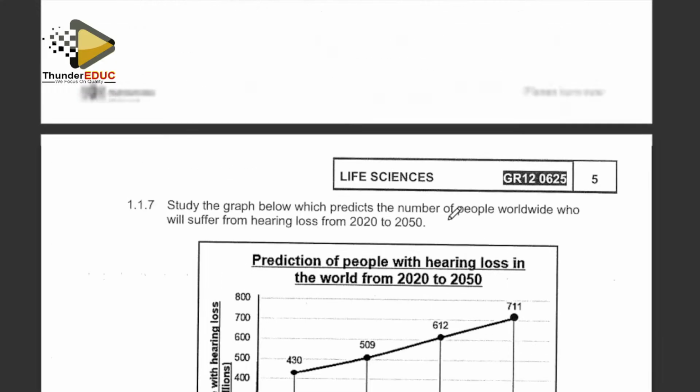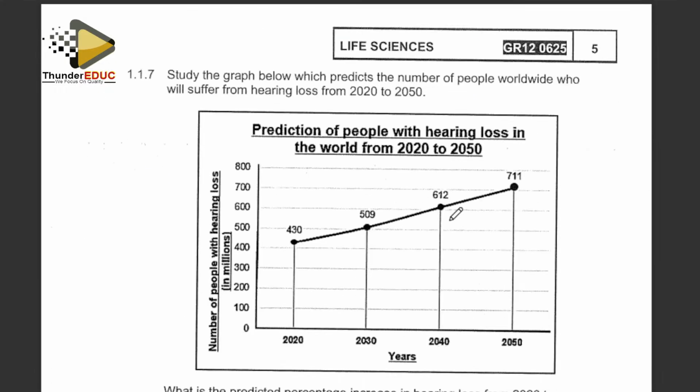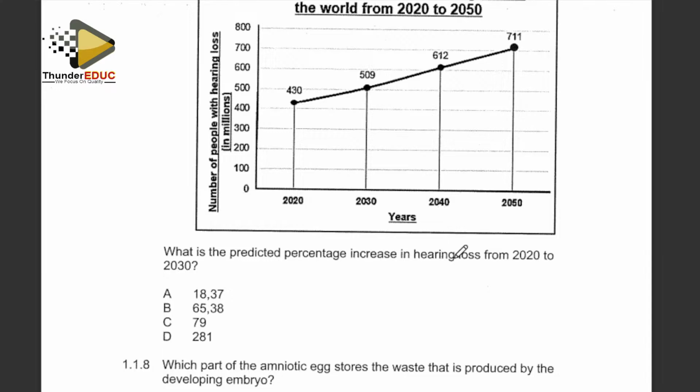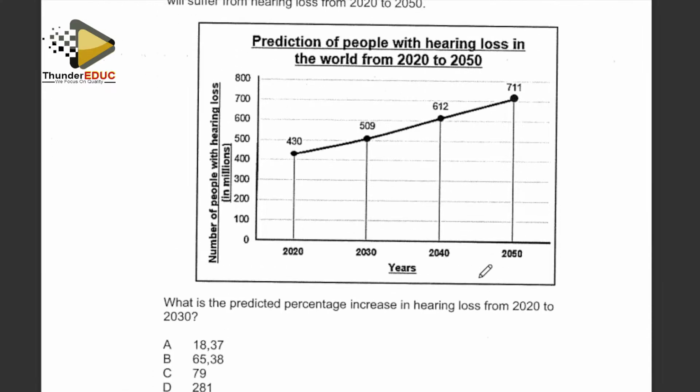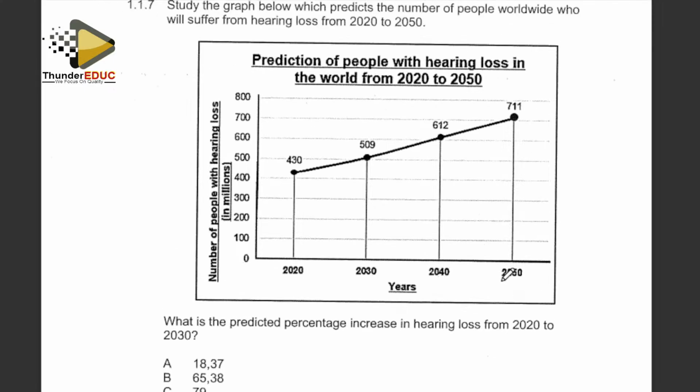So we said that C becomes the most correct answer. We go to question 1.7. They're saying, what is the predicted percentage increase in the hearing loss from 2020 to 2030? So we need to look for 2020, 2030.